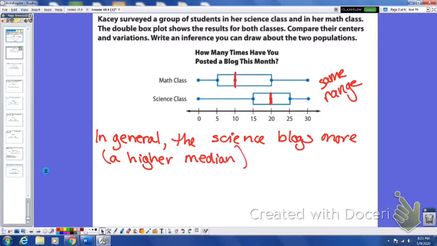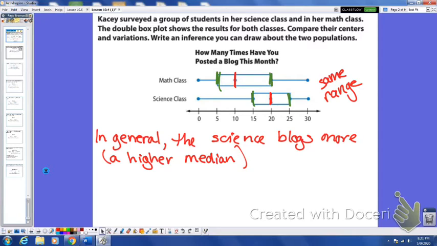Now, something else that we could talk about, we see that the ranges are the same, but if we take a look at our IQRs, so for math, our IQR is going from 5 to 20, so we have an interquartile range of 15, where our science class is ranging from 15 to 25.